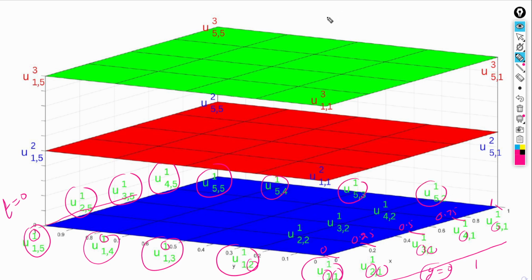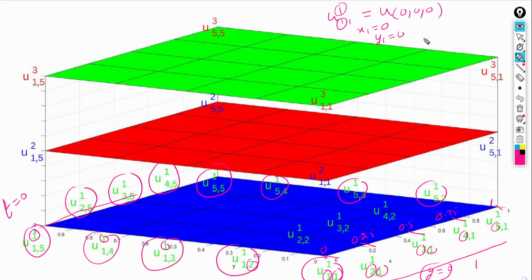If we choose u111, what is the meaning of this expression? The first index is for x, meaning x1 is equal to 0. This is the current point. And y1 is equal to 0, and this is the time index, which is also 0.